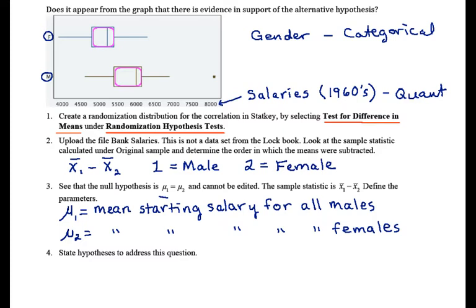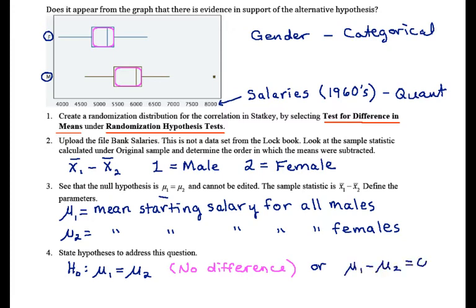So our hypotheses: our null hypothesis is that mu1 is equal to mu2. That would be the hypothesis of no difference in starting salaries. And note that this could also be written as mu1 minus mu2 equals 0.